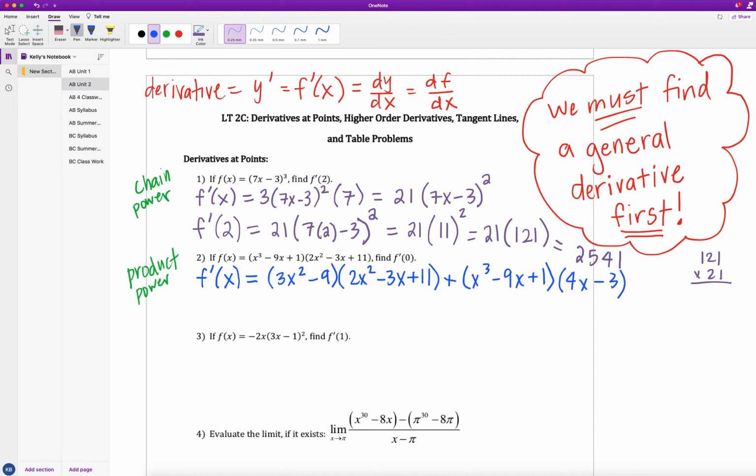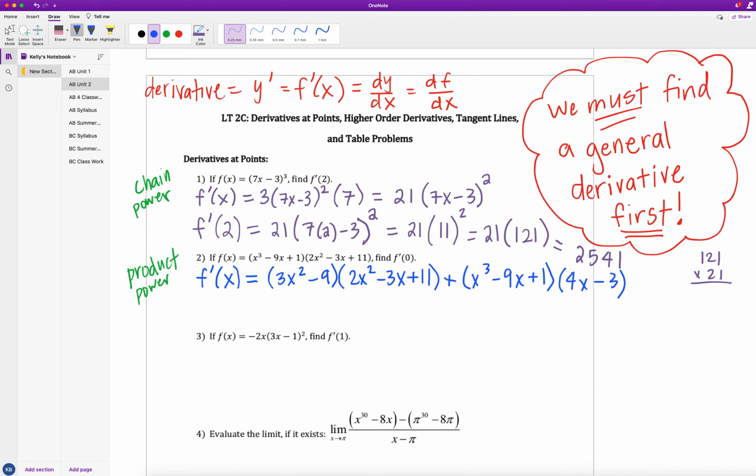So again, with the product rule, it is not the derivative of one times the derivative of the other. Instead, it is the derivative of the first term, keep the second term the same, plus keep the first function the same times the derivative of the second function.